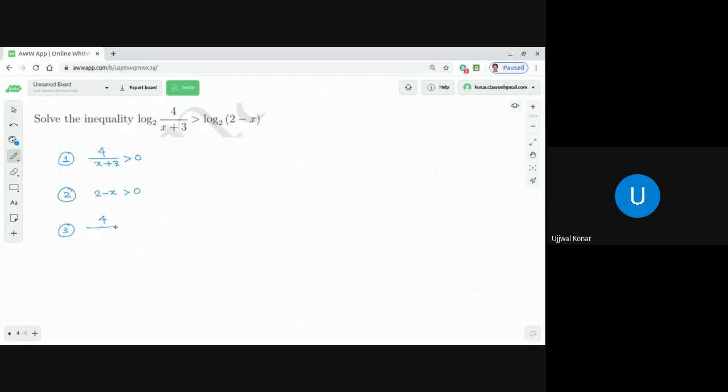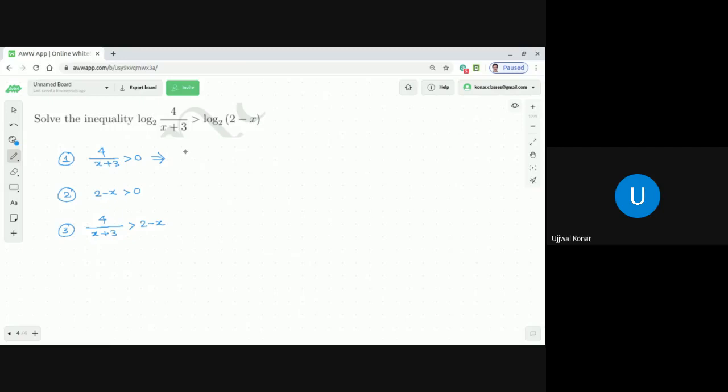4 by x plus 3 is greater than 2 minus x. Now the task in our hand is to solve these three inequalities. 4 by x plus 3 greater than 0 tells what? It tells that x is greater than minus 3. Correct or not?